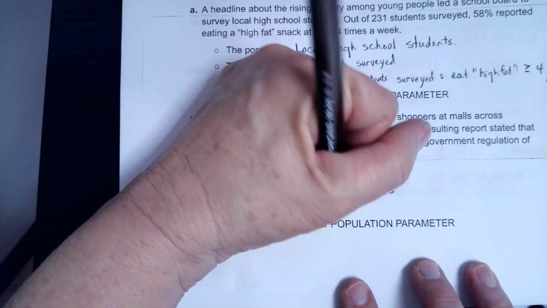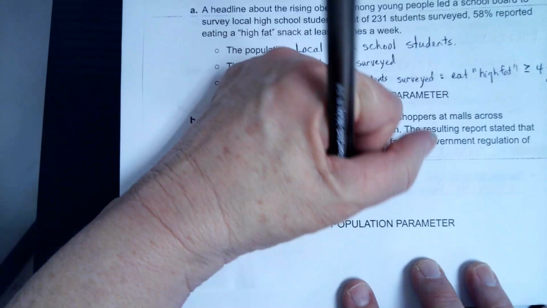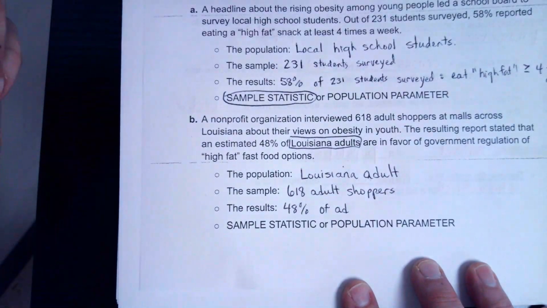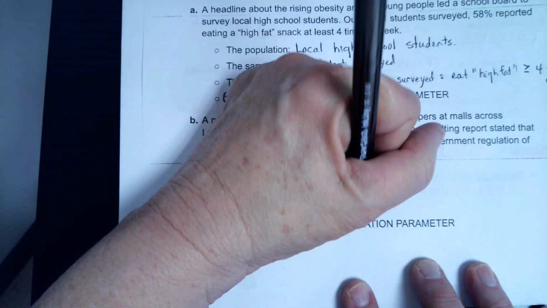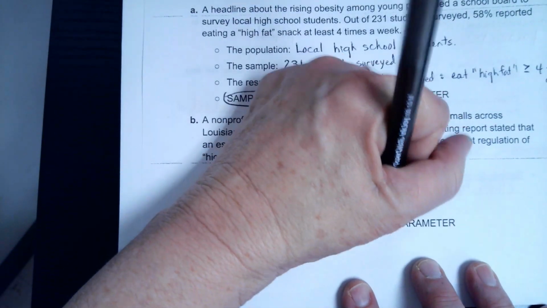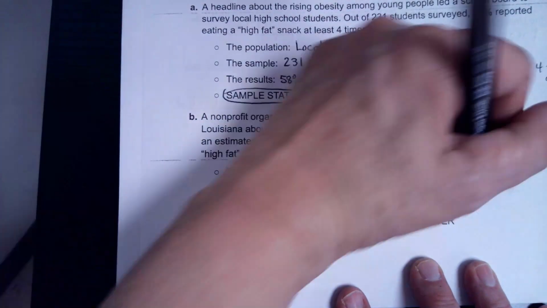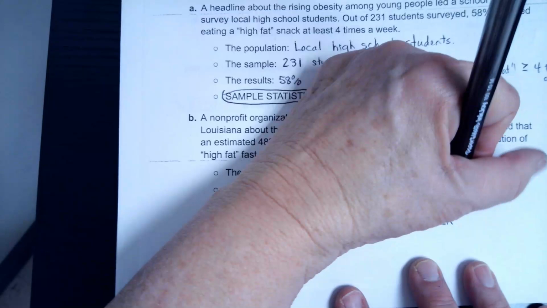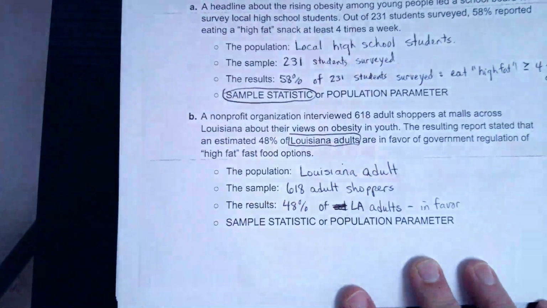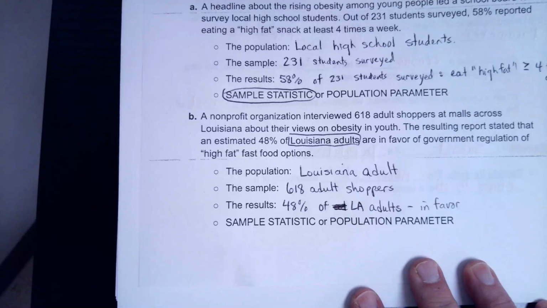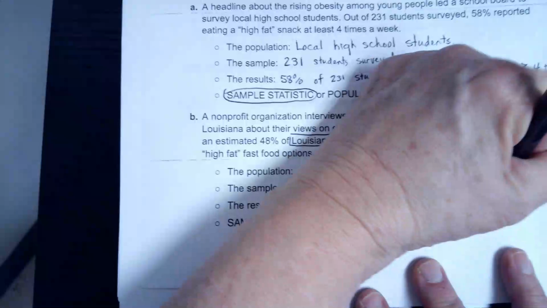So 48% of Louisiana adults. Let's abbreviate Louisiana with LA adults. And they were in favor of what? How can we shorten it? Fast food regulation? Okay, we'll go with fast food regulation.